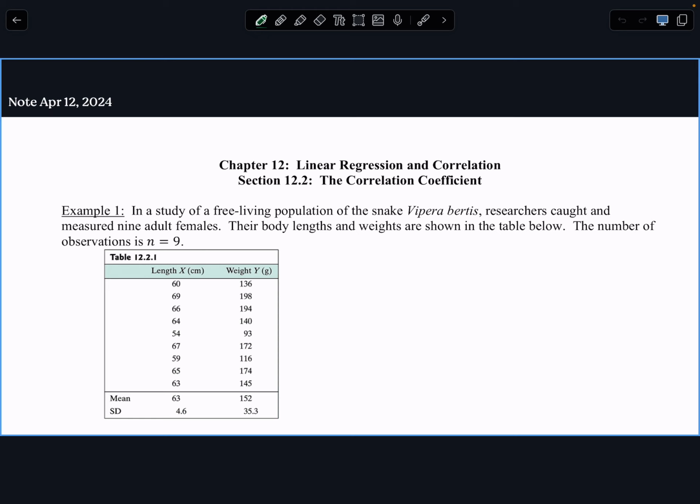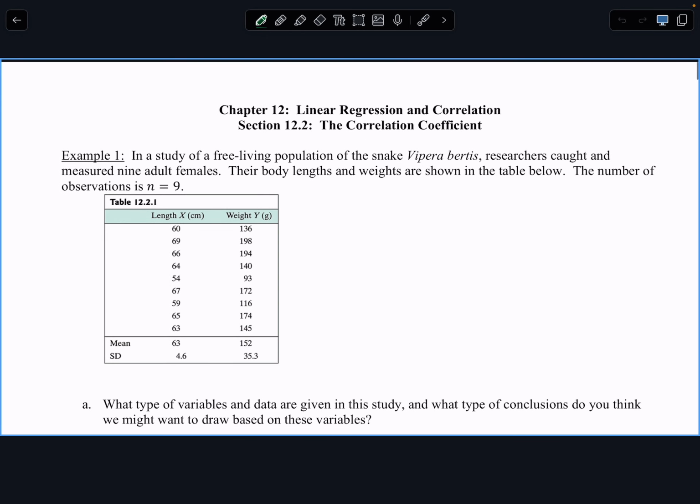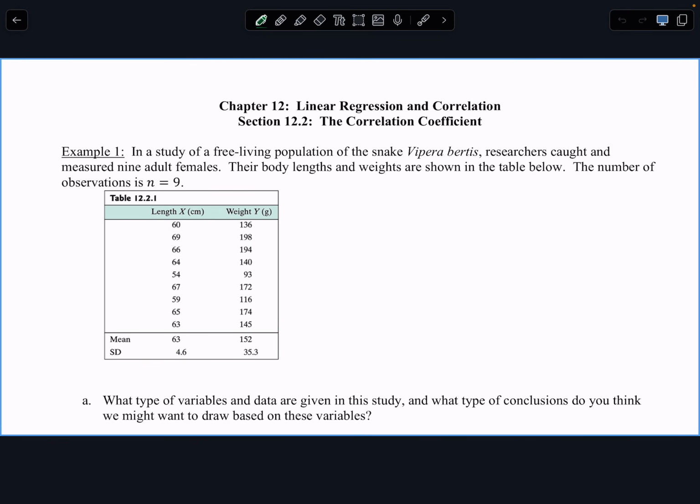Okay, so if you've taken a statistics course before, you've done regression and correlation. And we're not going to do much more in addition to what you probably already saw in this chapter here. We'll add some features so that if you get out of the class and you want to do a study, you'll be able to analyze the data, but it's not as difficult as some of the other content.